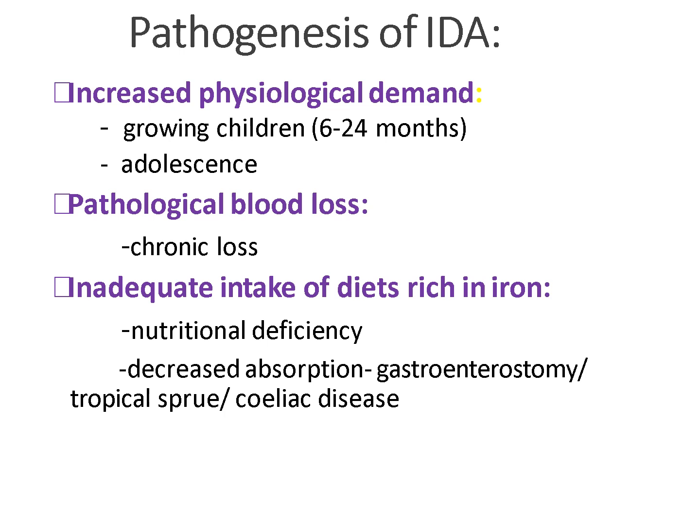Pathogenesis of iron deficiency anemia includes increased physiological demand, as in growing children, especially in the age group between 6 to 24 months, and also in the adolescent group. There is pathological blood loss due to any chronic loss, inadequate intake of diet rich in iron in case of nutritional deficiency, or decreased iron absorption, or some chronic diseases like tropical sprue and celiac disease.